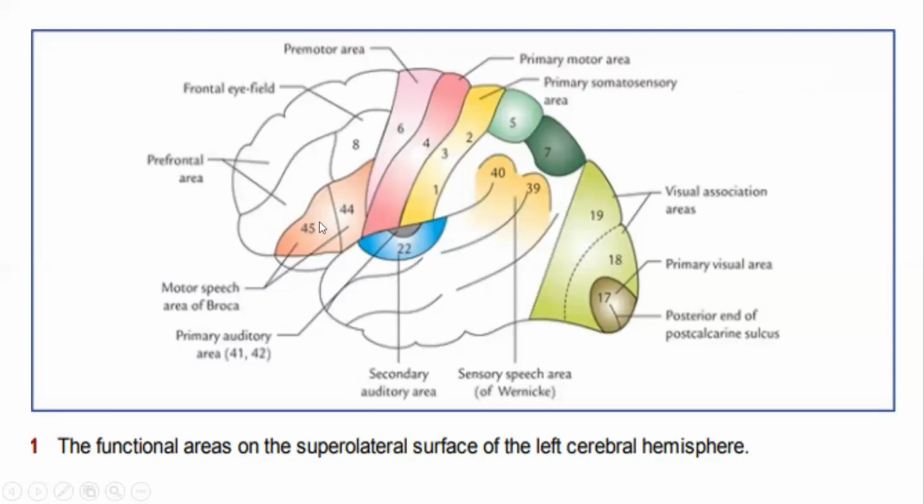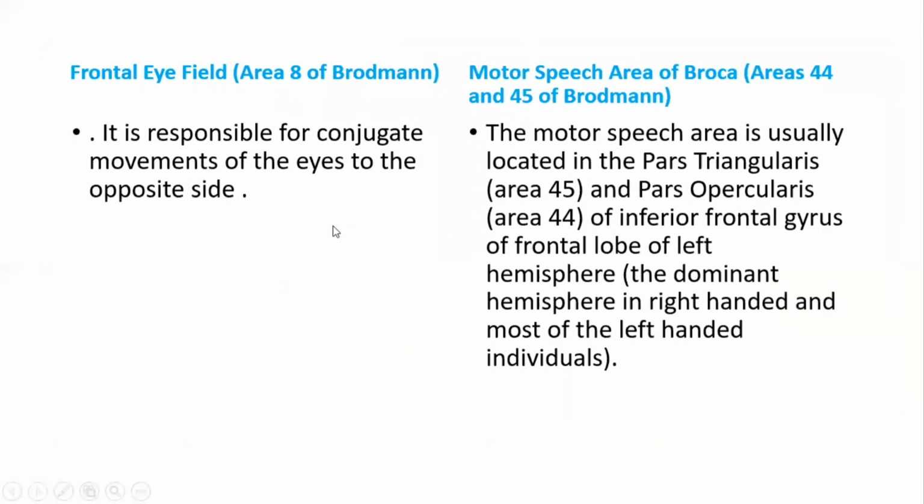So area 44 and 45, pars triangularis and pars opercularis. And it controls just the opposite hemisphere.